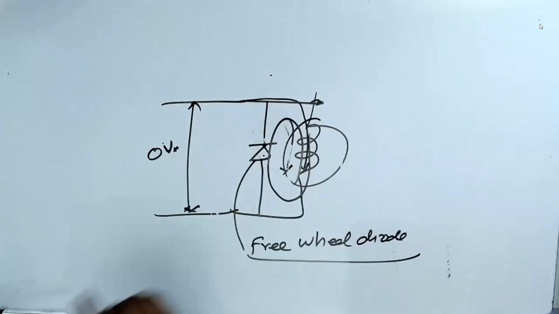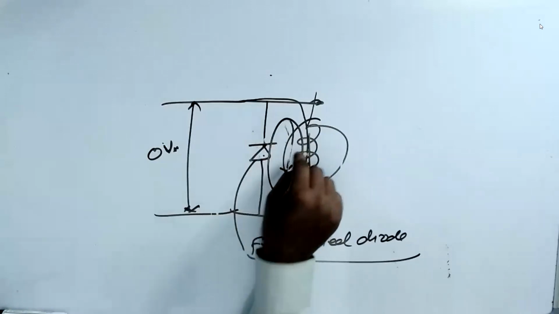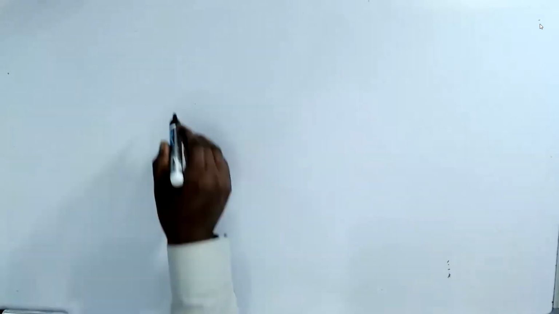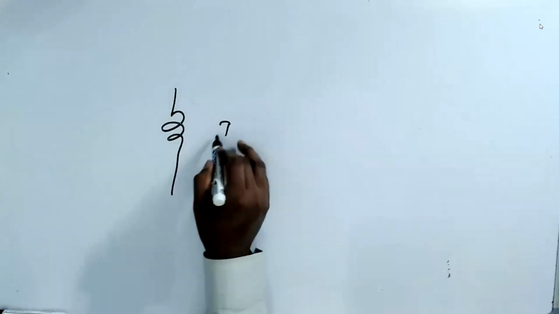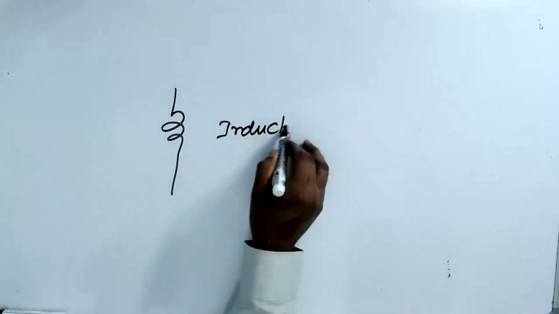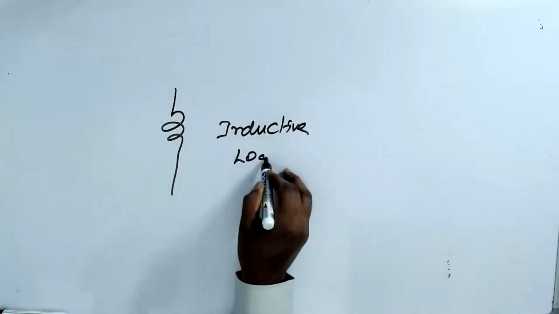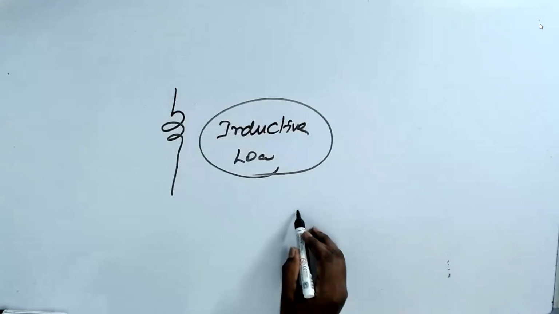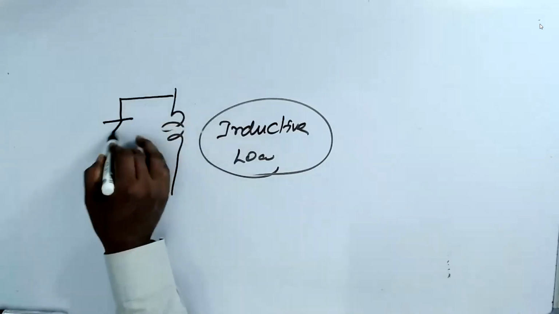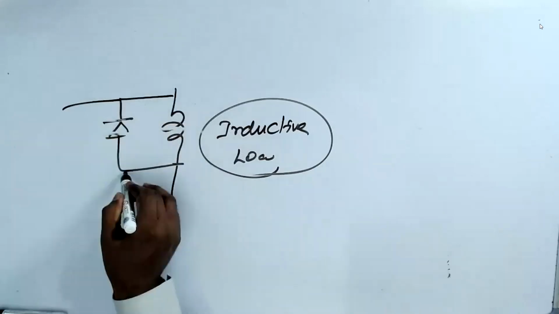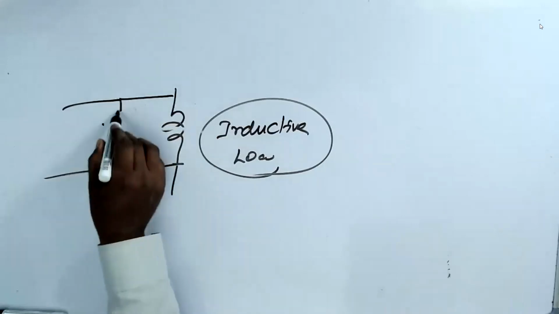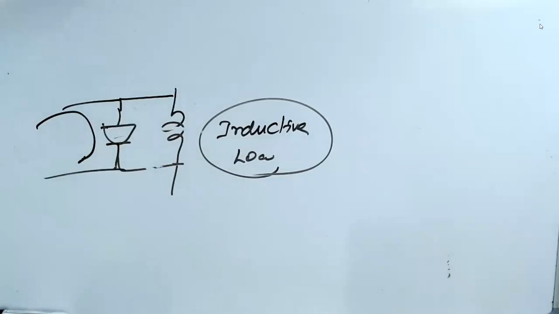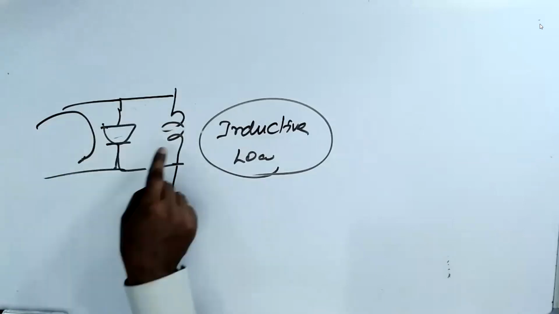So this is a must whenever you connect an inductive load. We call the relay, coil, everything an inductive load. When you take an inductive load, you should connect this diode across it, not the other way. The other way, if you connect it like this, the entire current will flow through the diode because it's forward biased, so the relay will not be working.